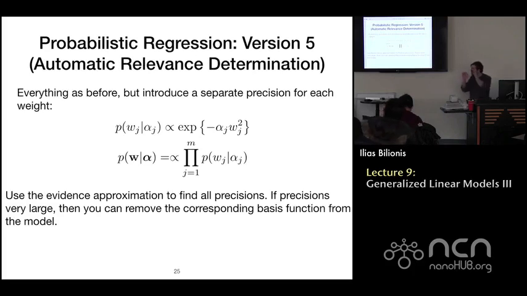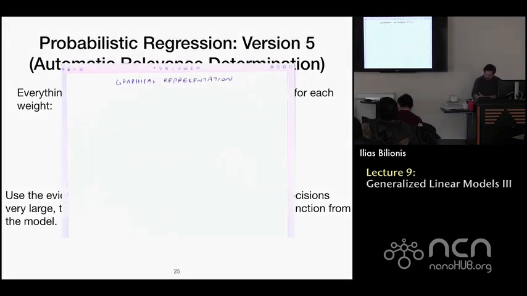We're going to look at each one of the weights independently. And on each one of the weights, we're going to give a different precision. So this model will look like that. So you have your xi and your yi, just like before, and these are the things that you observe.